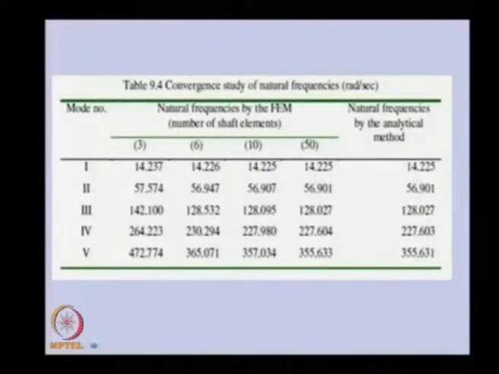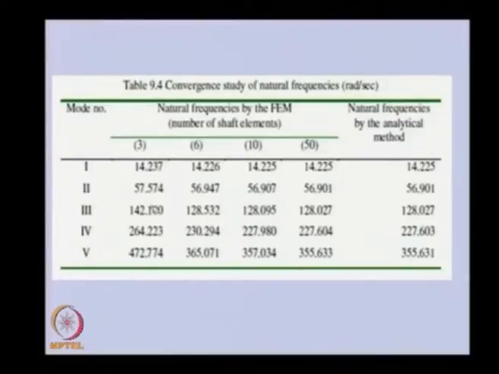So if we obtain the eigenvalues, this is for the 3 element model for which I have shown the illustration. If we take the square root of the eigenvalues, we will get the natural frequencies. So these are the natural frequencies for the first mode, second, third, fourth, fifth.